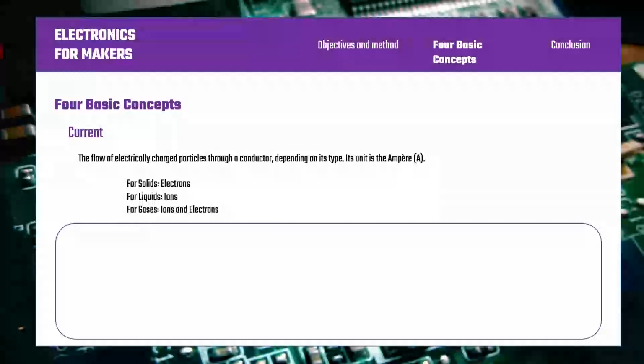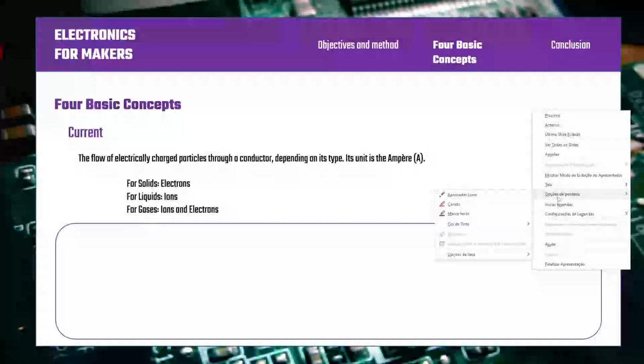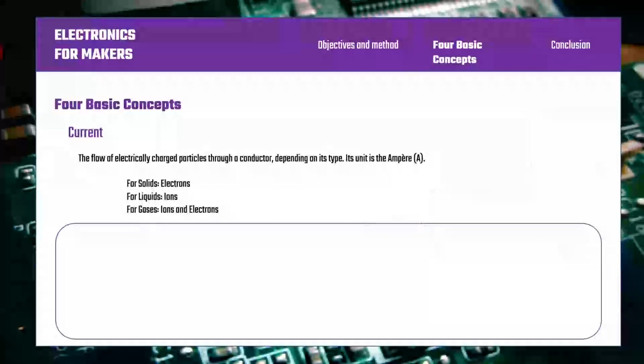Okay, so this flow can happen in any type of conductor. It can be a piece of copper wire, it can be some kind of chemical solution, it can be air, ionized air at least.